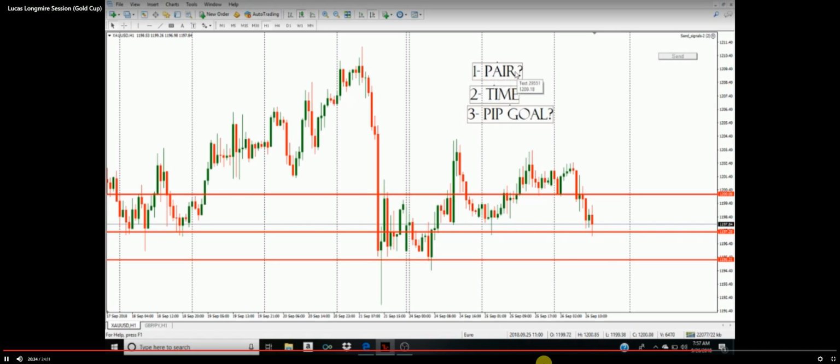So pick one or two pairs, and trade only one of those two pairs. Pick a time you trade. So for instance, I trade from 7:30 to 11. That's my time frame I trade. My pip goal is 50 pips per day. I shoot for 50. I get in, get out, move on with my day.